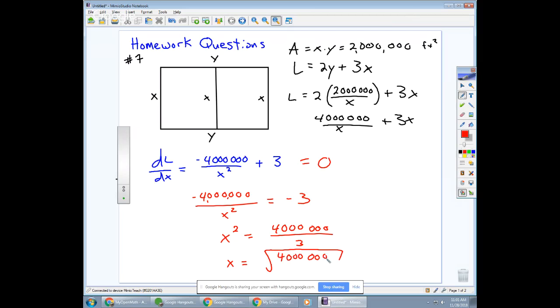Over 3. And do I really care about cleaning that up? Oh, that cleans up kind of nice. 4 million is the square of 2,000, isn't it? No? Someone check that for me. Calculator.